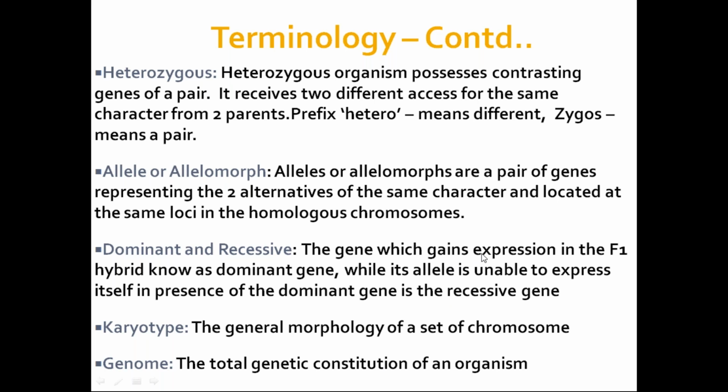The gene that gains expression in the F1 hybrid is the dominant gene, while its allele that is unable to express itself in the presence of the dominant gene is the recessive gene.